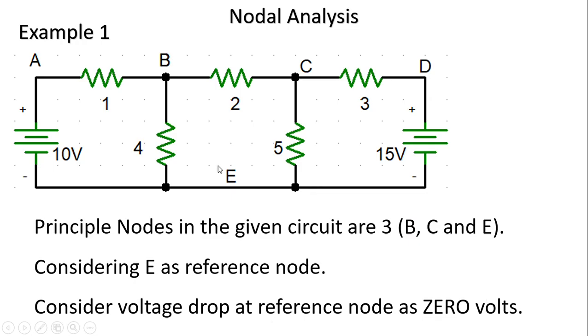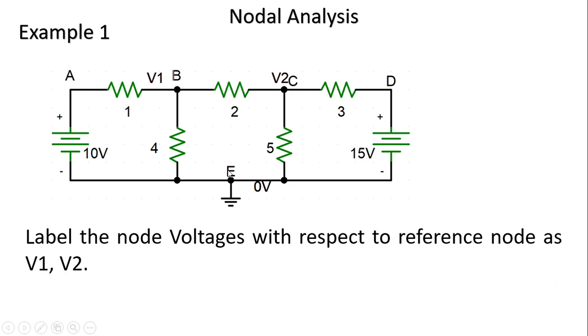So we are assuming that the voltage drop at reference node E is 0. Now, with respect to the reference node, the voltage drop at node B is assumed as V1 and V2 is the voltage drop at node C with respect to E. So these are our assumptions.